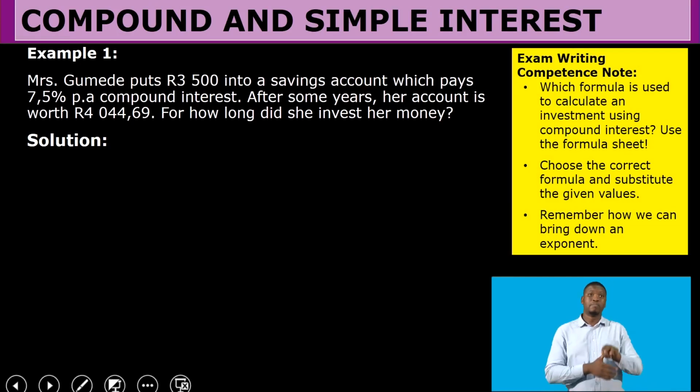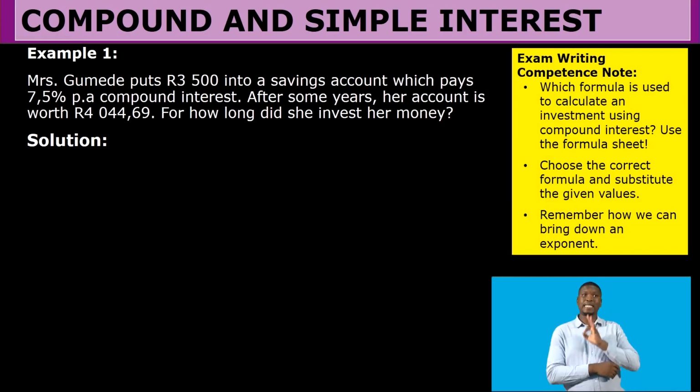Mrs. Gumede puts 3,500 Rand into a savings account which pays 7.5% per annum compound interest. After some years, her account is worth 4,044 Rand and 69 cents. For how long did she invest her money?